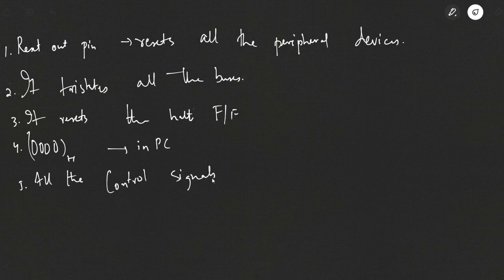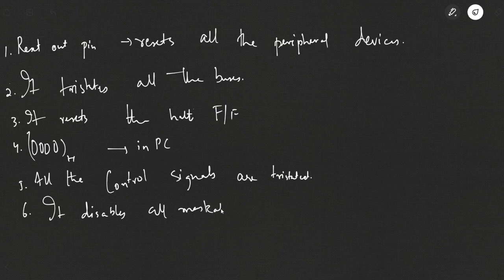So some of these you might understand straight away, some of these you might not. But we will be going through all of these things. Fine. It disables all maskable interrupts. So the course of this semester will be understanding various things, and we'll get to know all of these.